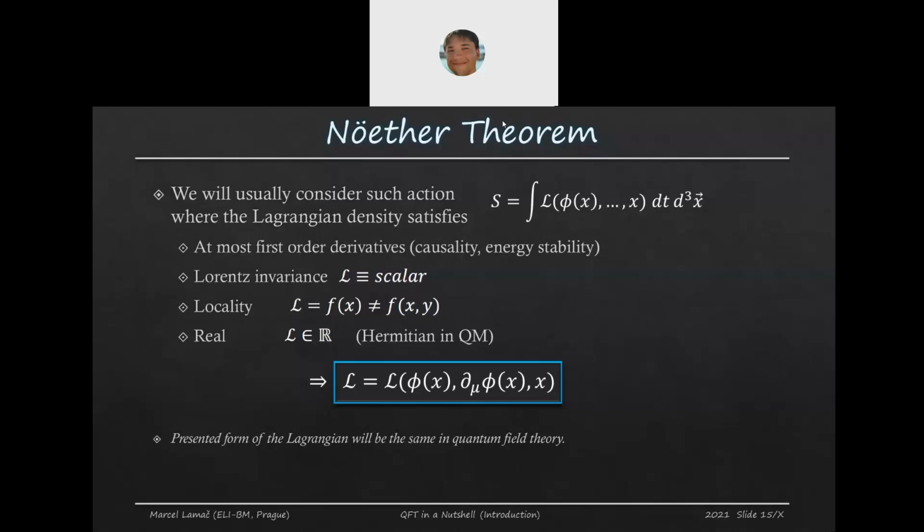The second condition is Lorentz invariance. Obviously, we are mostly interested in quantum electrodynamics. Once again, quantum field theory could be talked about in the context of non-relativistic theories. For example, we could try to describe the Cooper pairs, which are bosons in the superconducting theories and stuff like that.